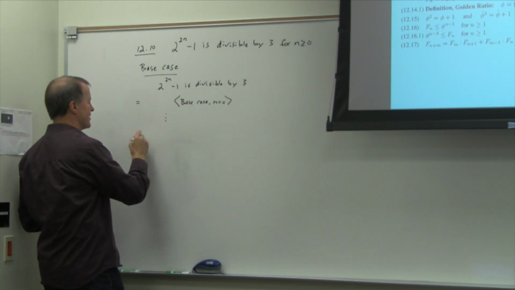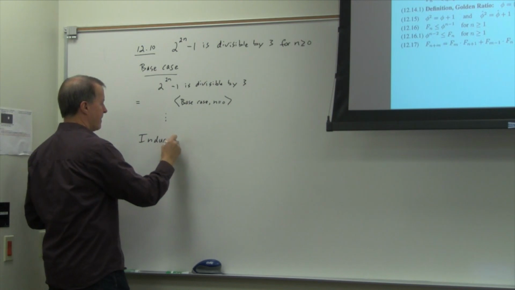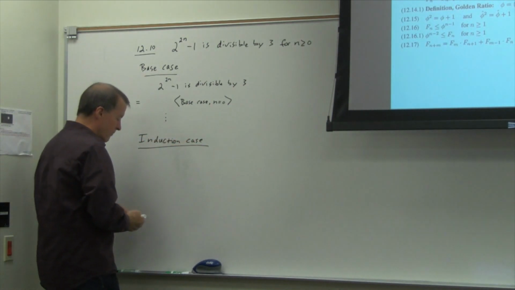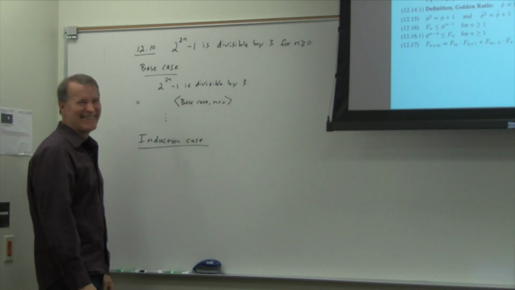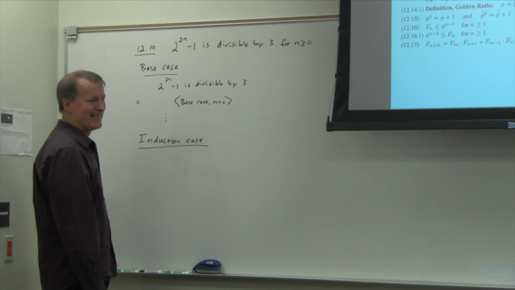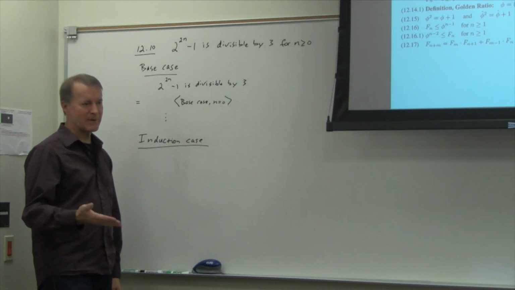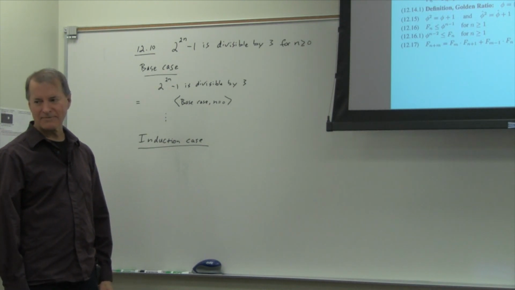Now, how would you do the induction case? Because here, you must prove. If you just have 0 is divisible by 3, you can just stop there. Because 0 is divisible by 3, and that's true. Does everybody agree that 0 is divisible by 3?